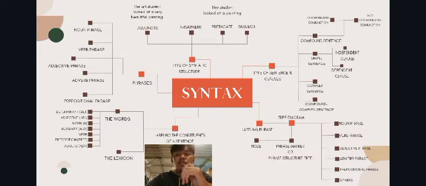A third is imperative. This sentence expresses a command or makes a request, like Aaron, come here. And the last is exclamatory. The sentence shows strong or sudden feeling, like, oh, if Jane were only here. Then active or passive voice.